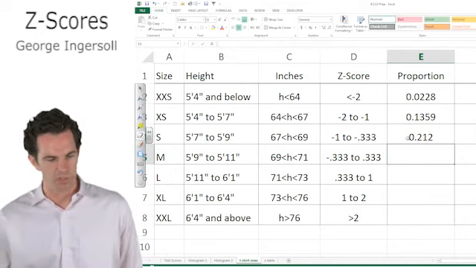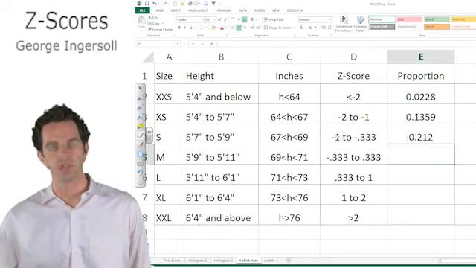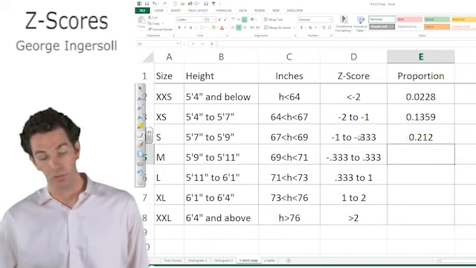So again, this is our proportion in between -1 standard deviation and -0.333 standard deviations.